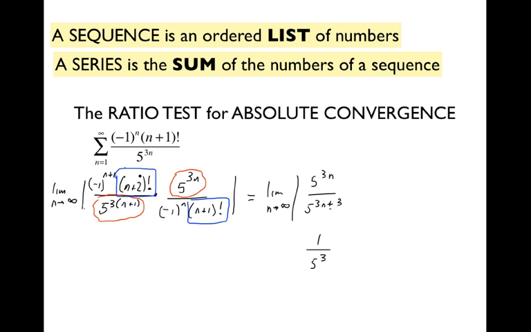All right, what about n plus 2 factorial over n plus 1 factorial? Well, in n plus 2 factorial, we have n plus 1 factorial, right?